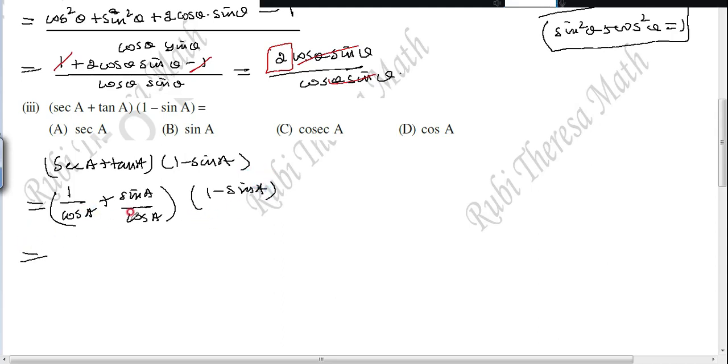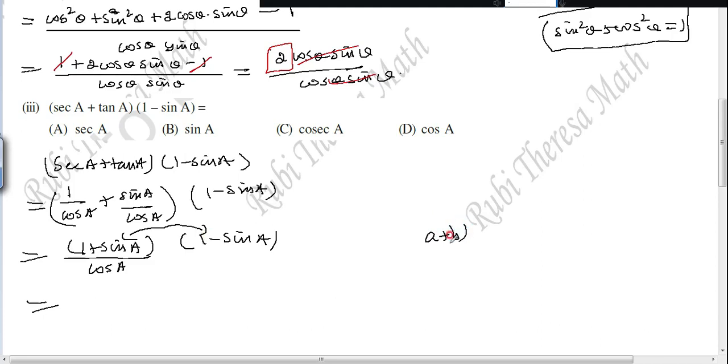Understand? So here the denominators are same. So cos A is the LCM. So (1 plus sin A) into (1 minus sin A). So what do you have in the denominator? 1 only. While you are multiplying these numerators, it is in the form of (A plus B) into (A minus B), that is A squared minus B squared.